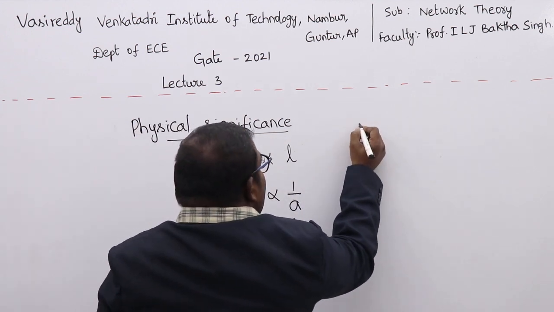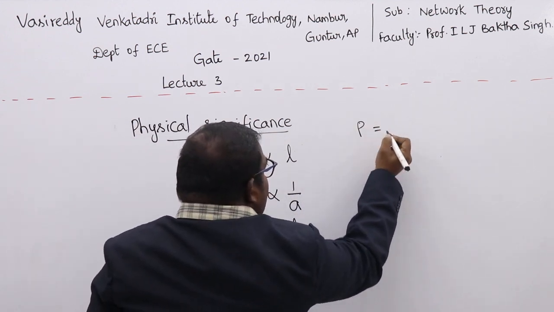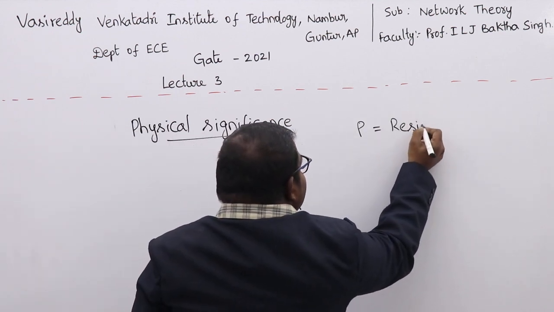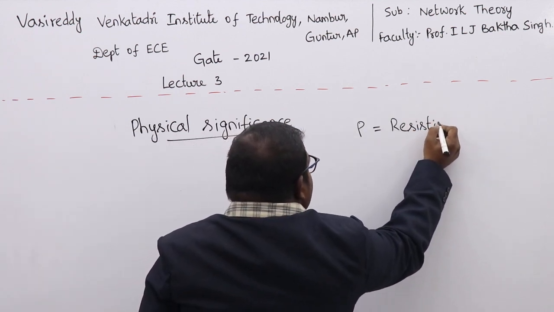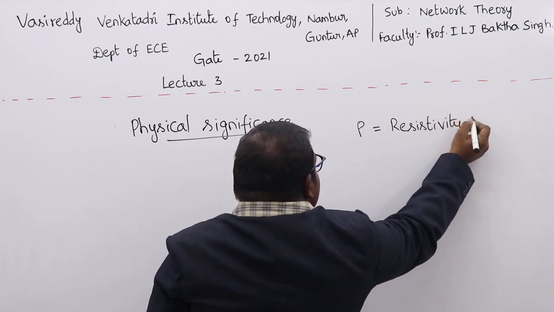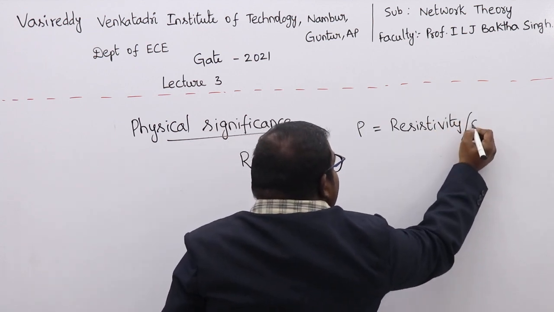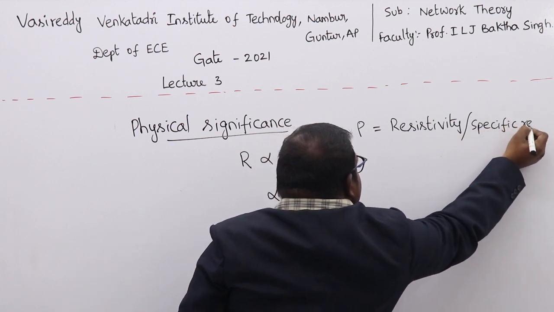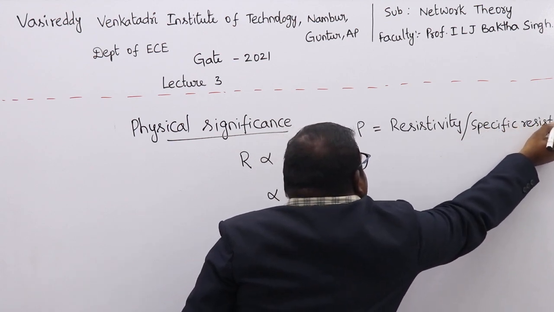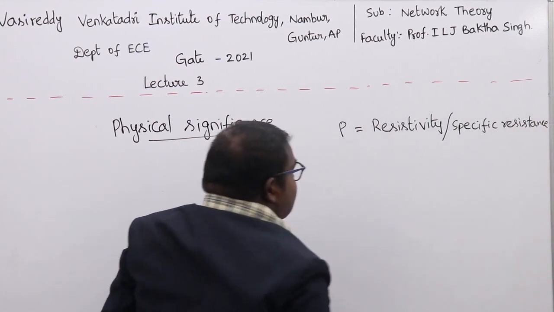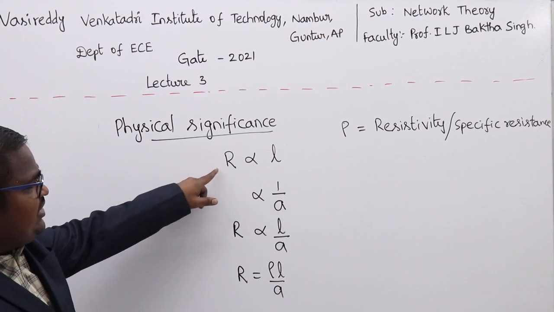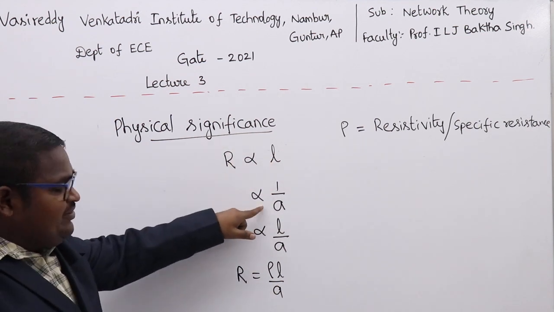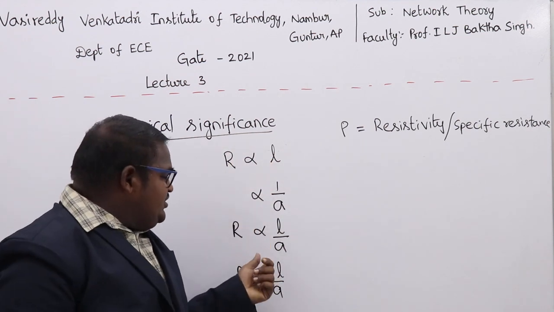Where rho is called resistivity or specific resistance. So the resistance of the material is directly proportional to the length and inversely proportional to the area of cross section.